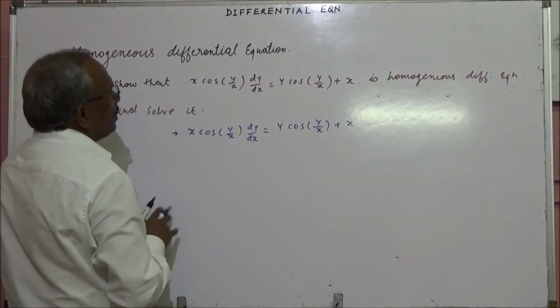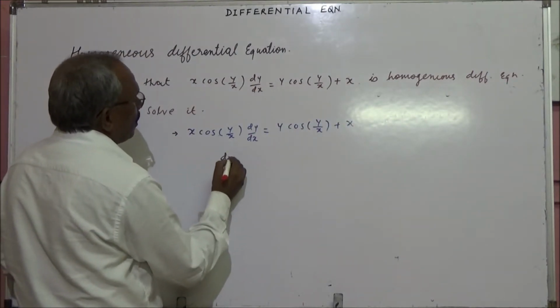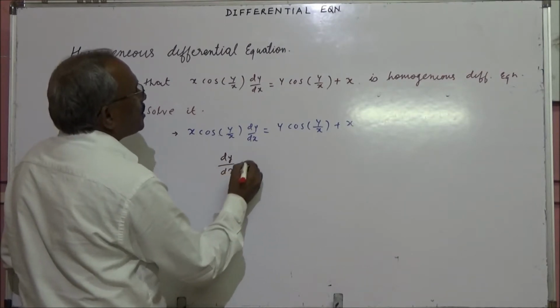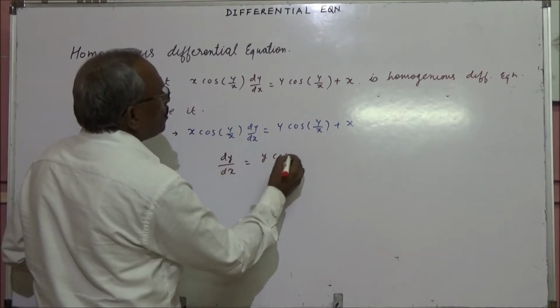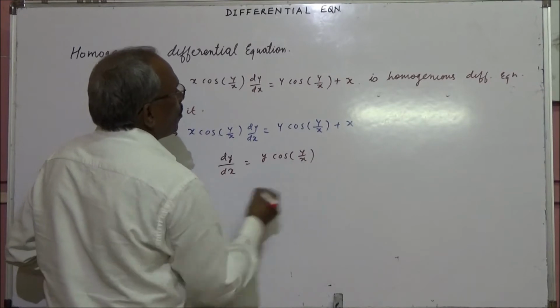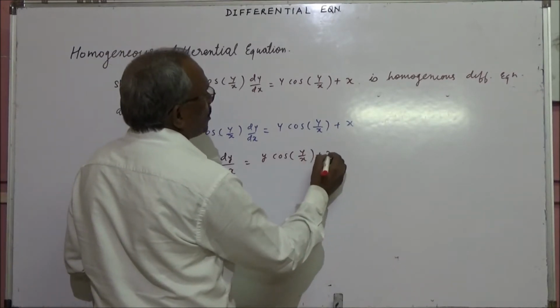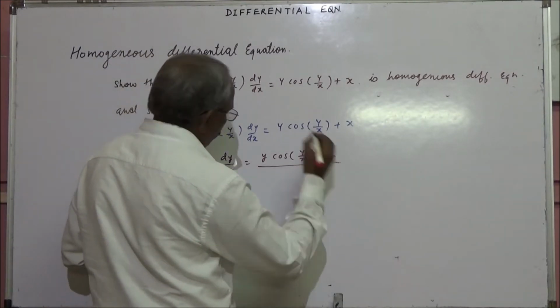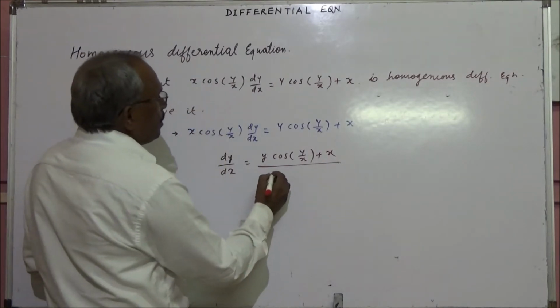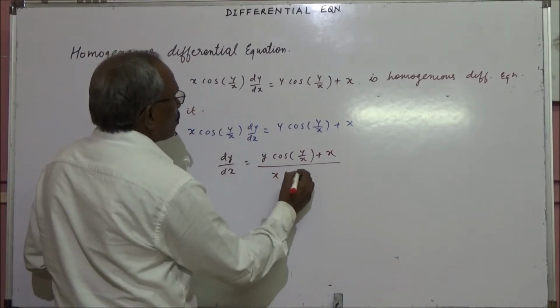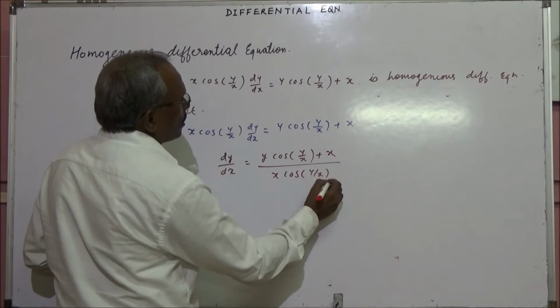So this can be written as dy by dx is equal to y into cos of y upon x plus x upon x cos of y by x.